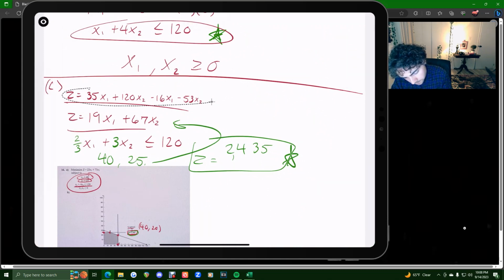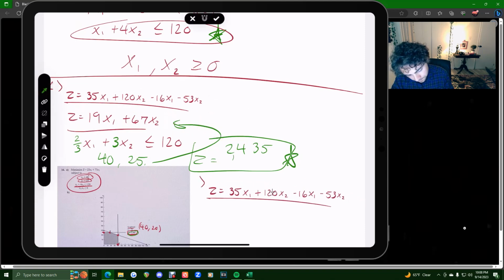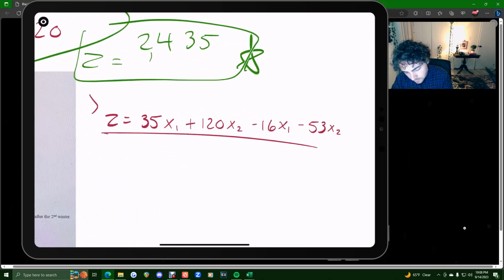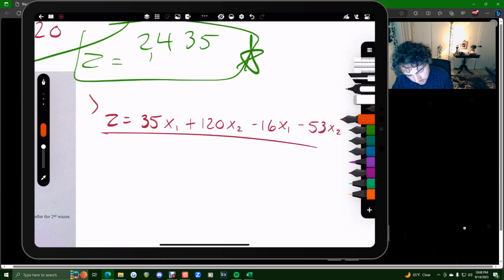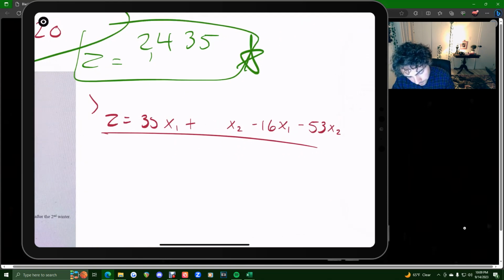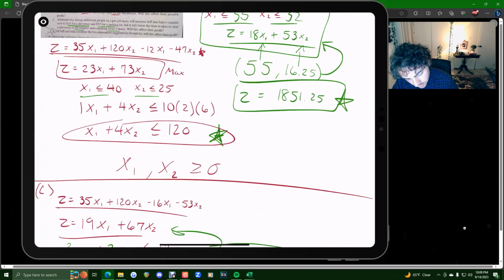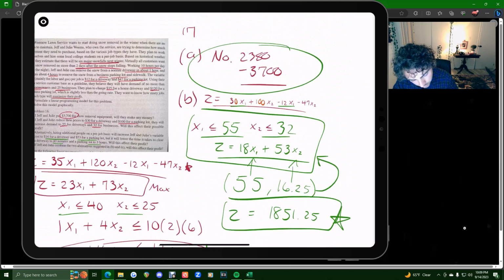Let me do that again. So the part C changes were the 16 and the 53. Part B changes were the 30 and the 100.